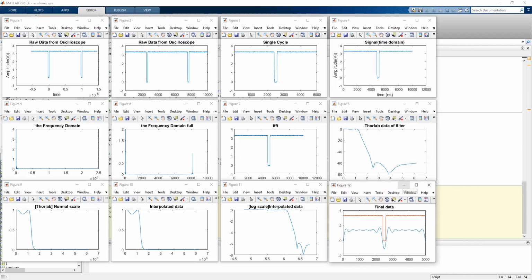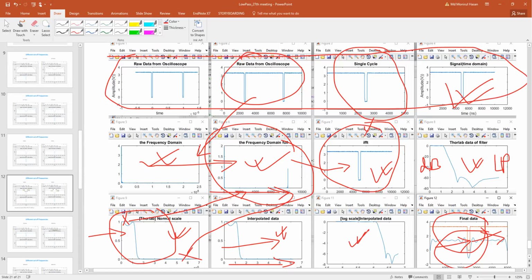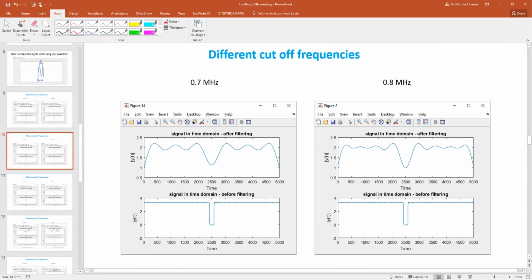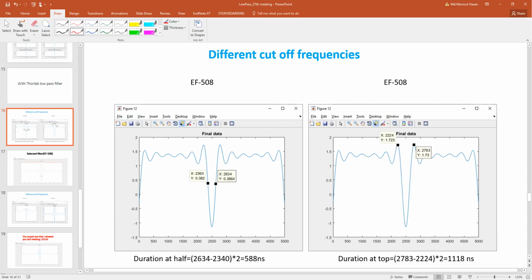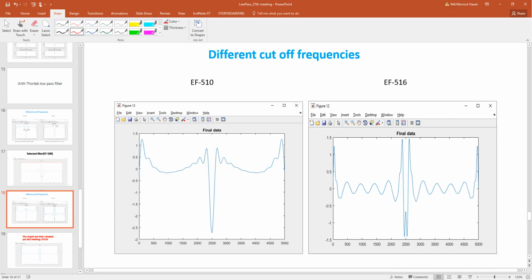So this is the way you can choose the low pass filter, whichever one you like. To change these things you have to use a different type of low pass filter, and finally you have to see which one matches.